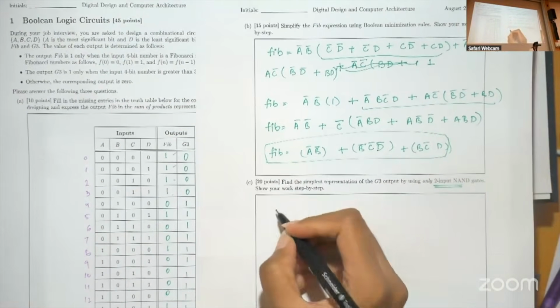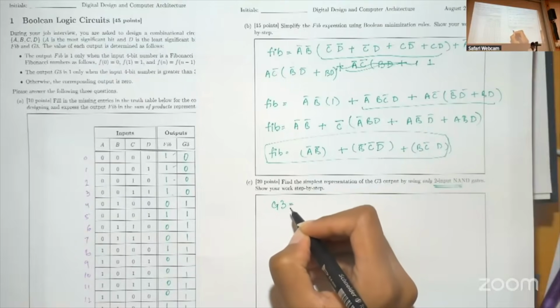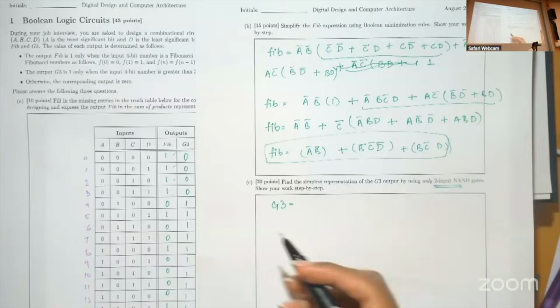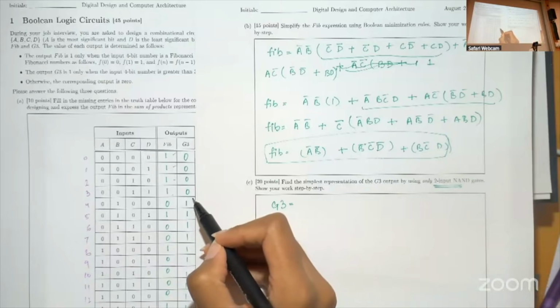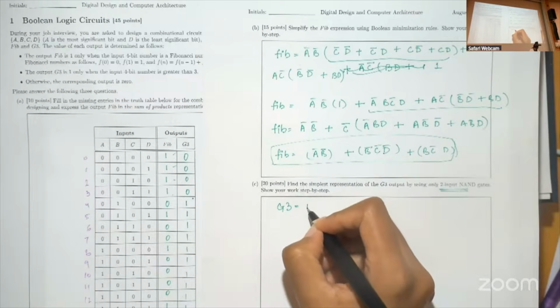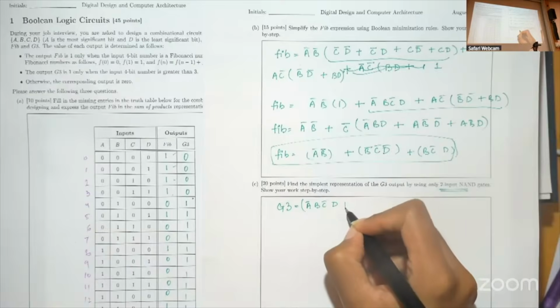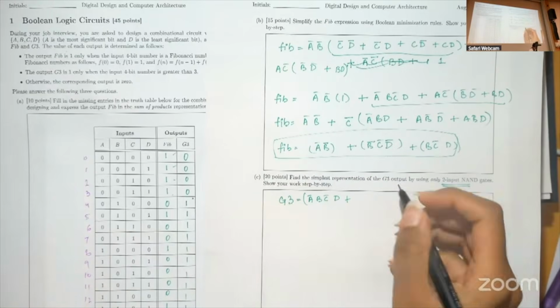Yeah. So for G3, we will again write the sum of the products form. So A bar, B, C bar, D. I will just write it very fast because we have to take all of these values.